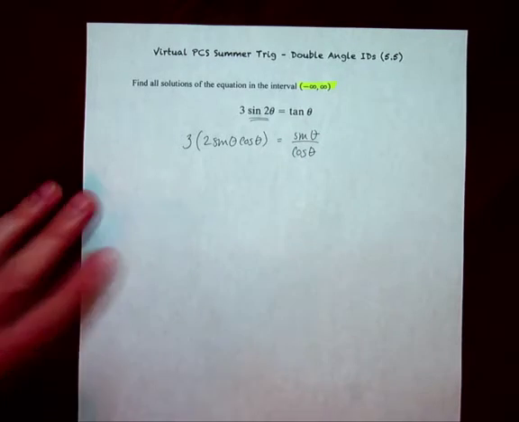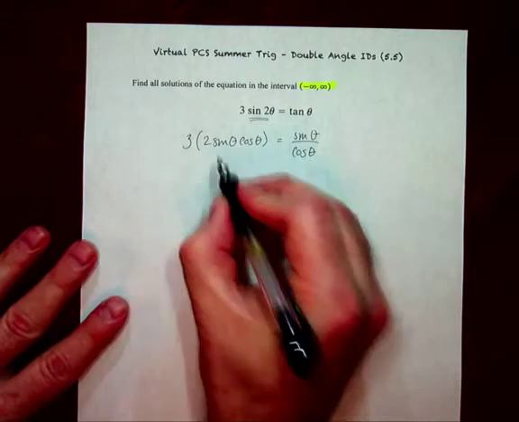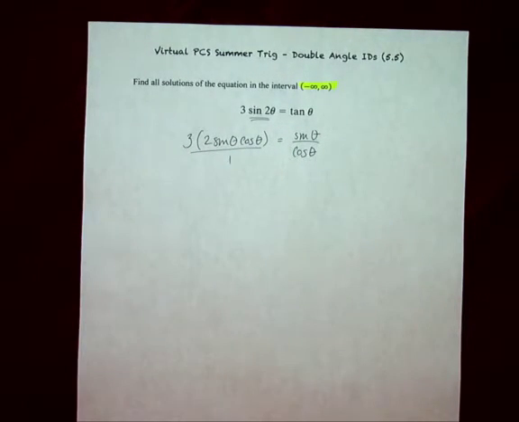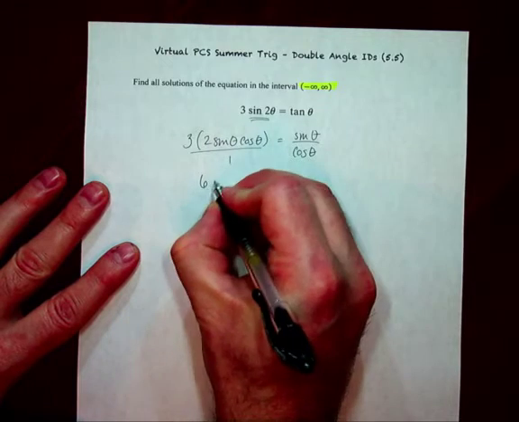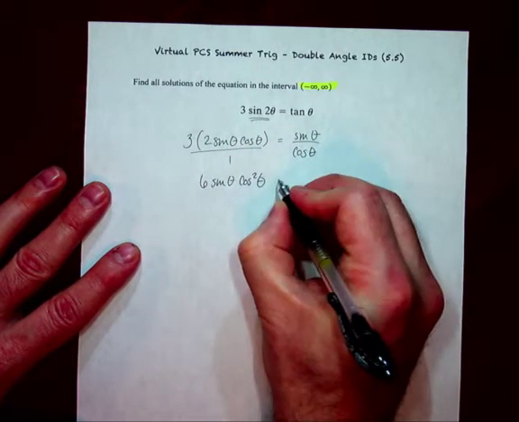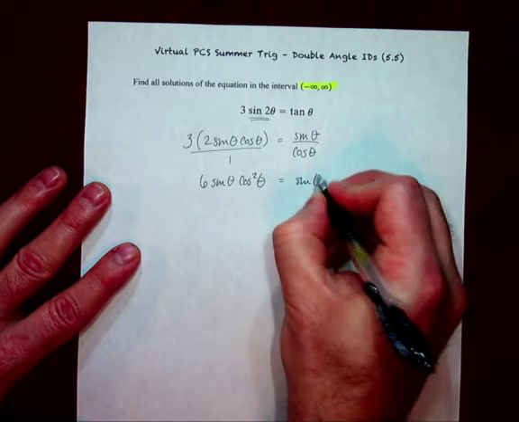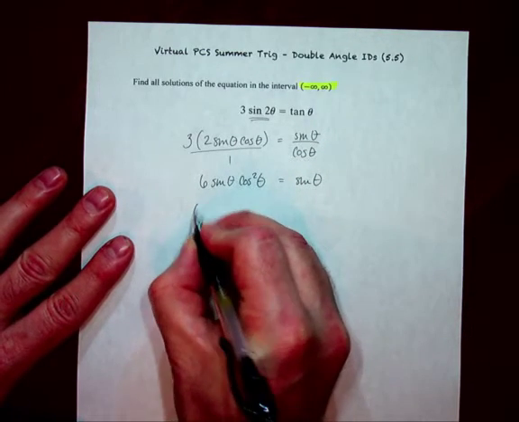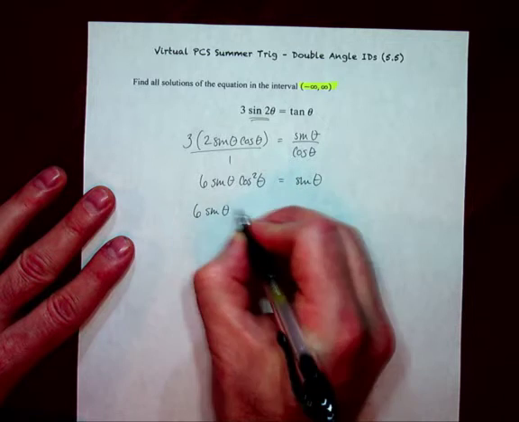Now, you don't have to do it this way, but I find that most people kind of jive with this. If I do it like this, then I can sort of quote-unquote cross-multiply, right? And I get 6 sine theta cosine squared theta is equal to sine theta, and then I can basically subtract it from both sides.